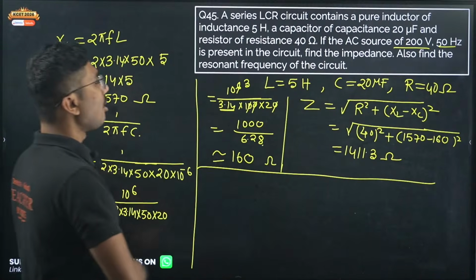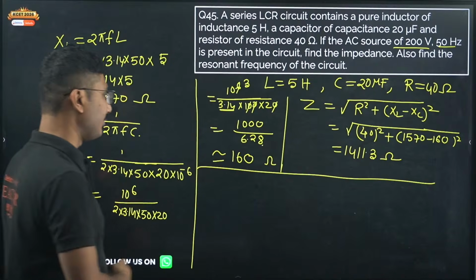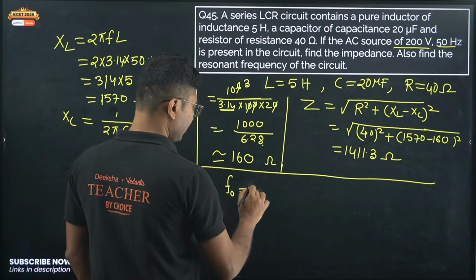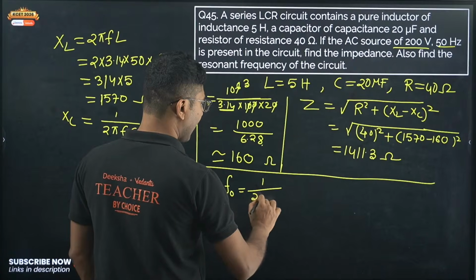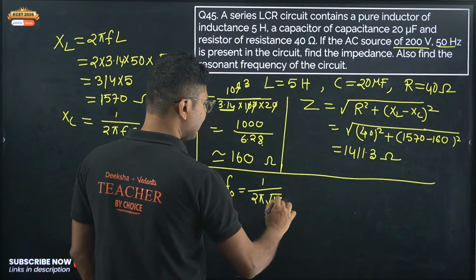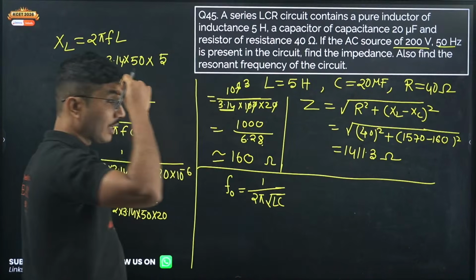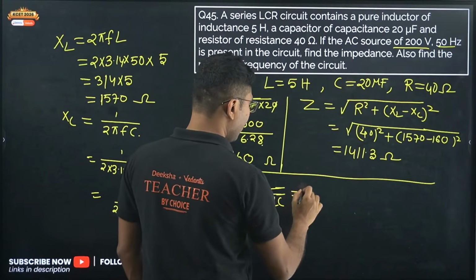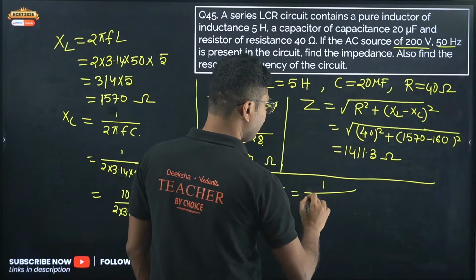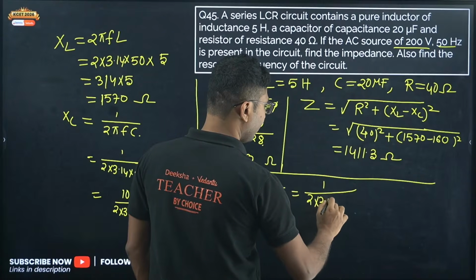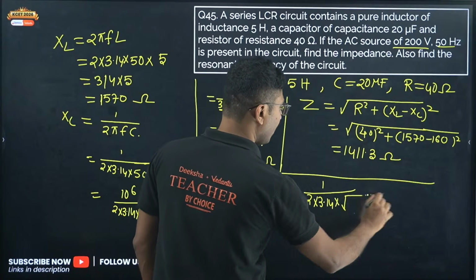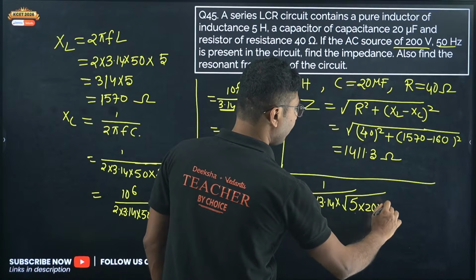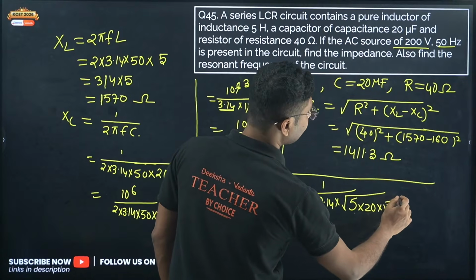Next part is also to find the resonant frequency of the circuit. So resonant frequency is F0, which is given by 1 by 2 pi square root of LC. So that will give you the value of resonance frequency: 1 by 2 into 3.14 into square root of 5 into 20 into 10 to the power of minus 6.